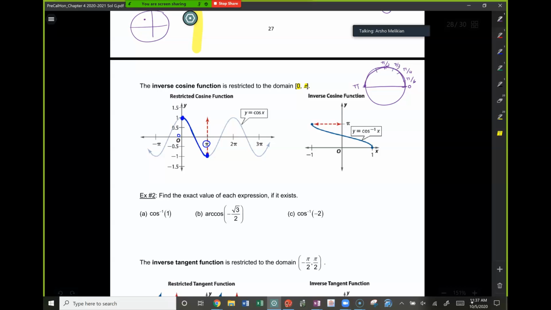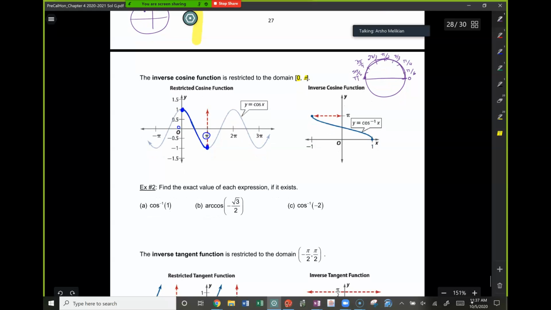This is 2 pi over 3, 3 pi over 4, and then 5 pi over 6. So for inverse cosine, it's only those 9 angles that are possible as an answer for inverse cosine questions, right?